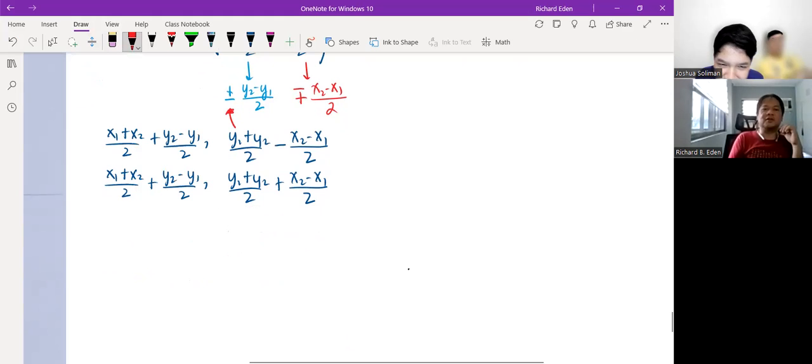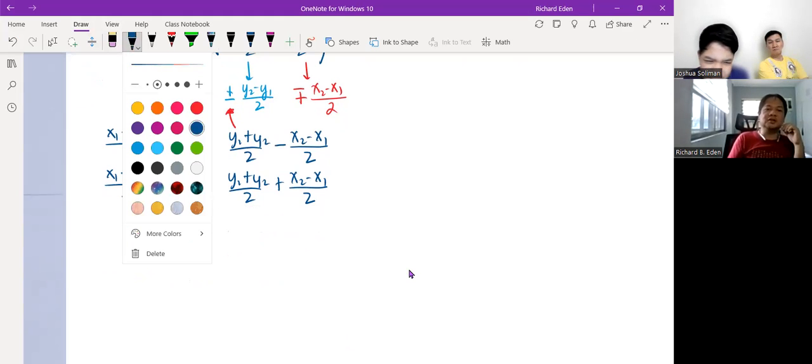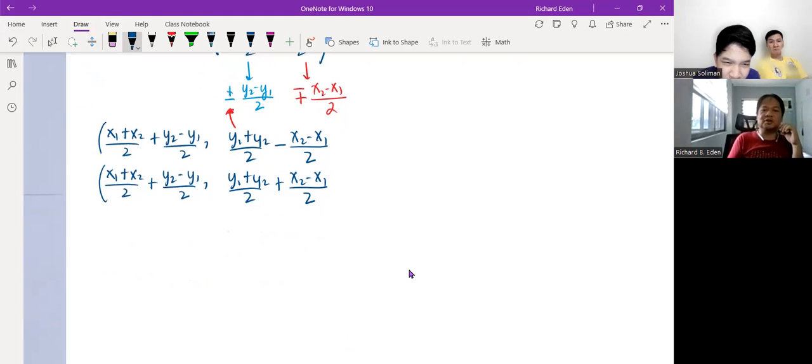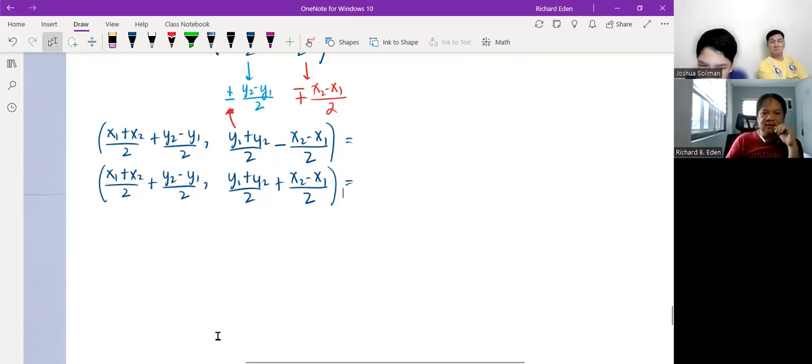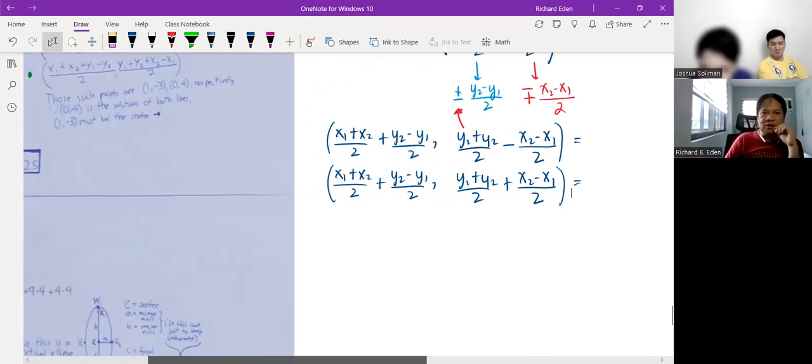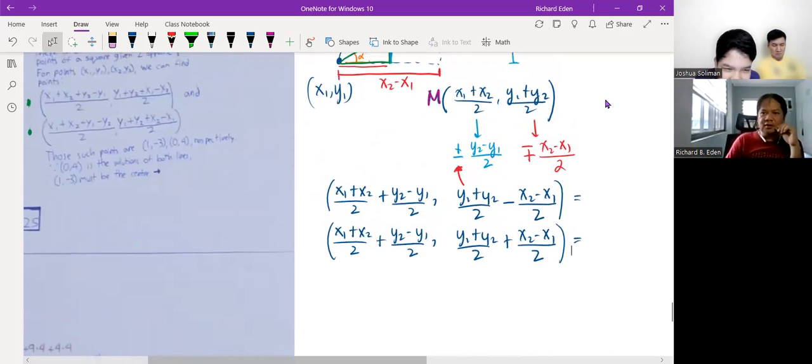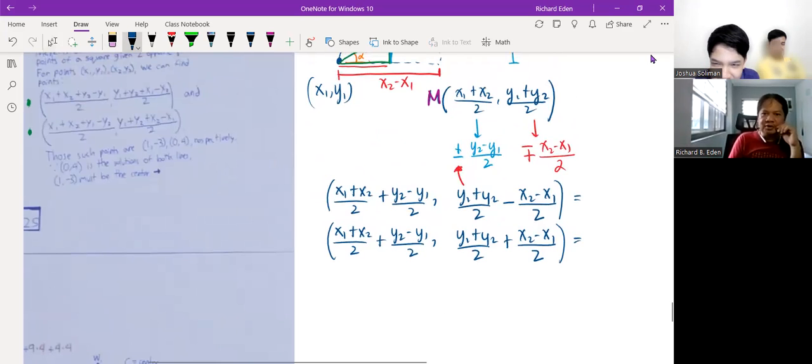I just wanted to verify because this is the first time I've encountered this formula. I don't think I'll be able to remember it, but I think what I remember is the method. Okay, so this would be x1 plus x2 and then y1.